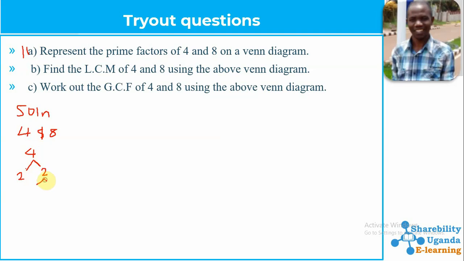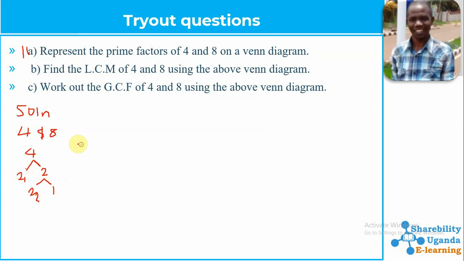We also look out for a number that can divide 2 without a remainder. We have 2 here. What is 2 divided by 2? We get 1. So we have got the prime factors of 4, where 2 appears twice.